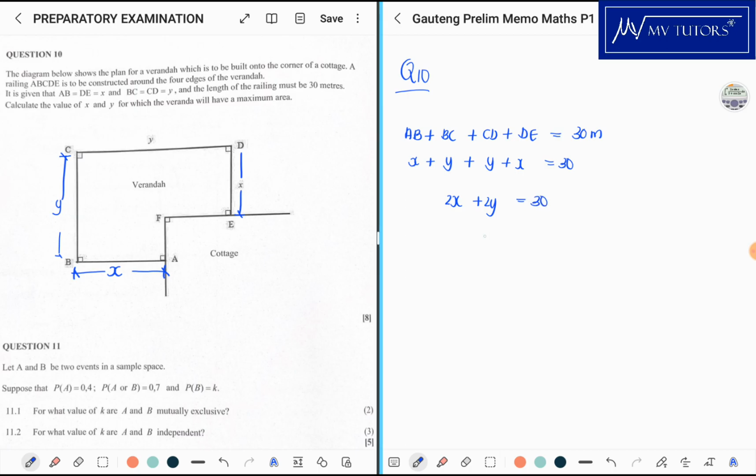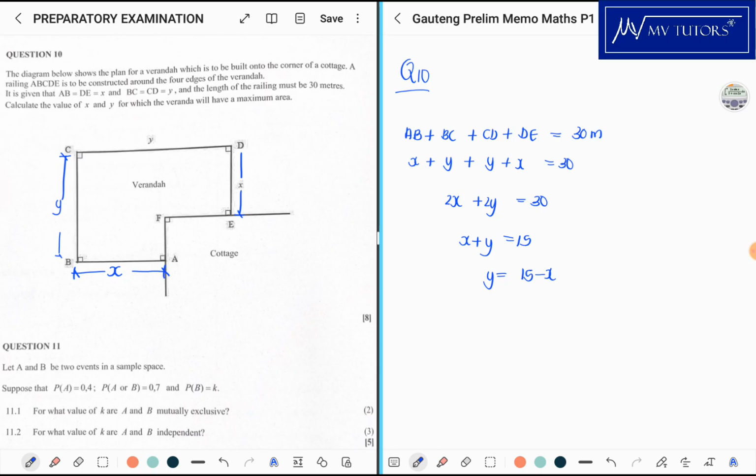Let me simplify it by saying x plus y is 15, or y is 15 minus x. I don't know if I'll need it, but I probably will. Remember, we're looking for the value of x and y for which the veranda will have a maximum area.